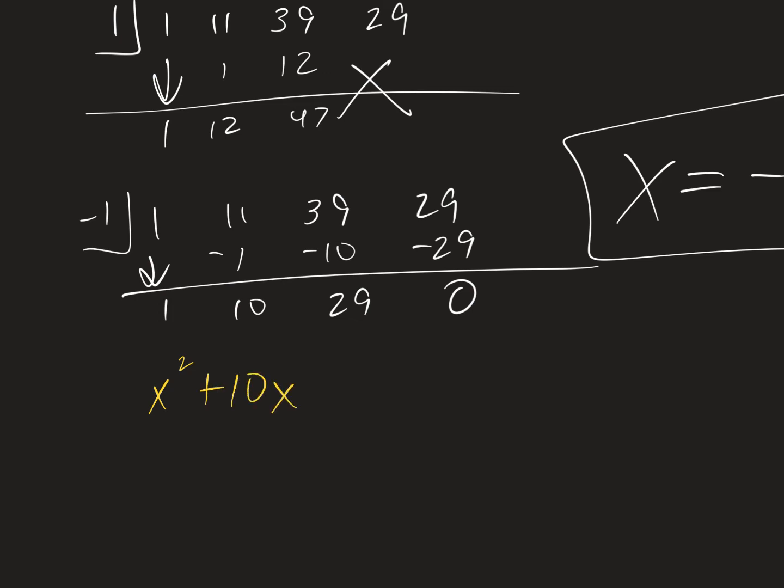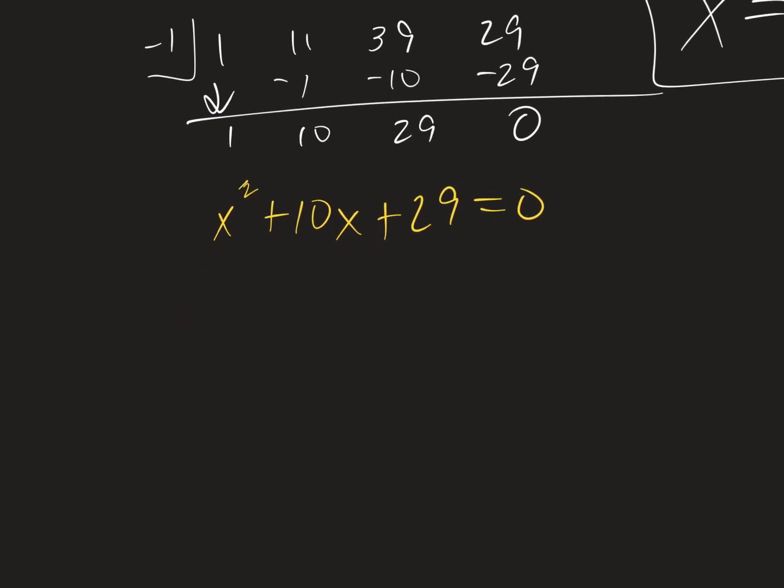X squared plus 10x plus 29 equals 0. Does this factor? Everything else did. In 3.4, everything we did factored nice and pretty. How come this one doesn't? If it doesn't factor, but my highest exponent is a 2, what's that little formula we can use? The quadratic.